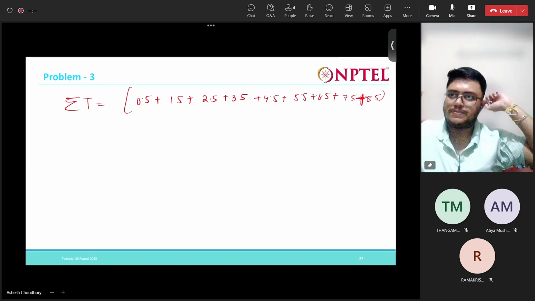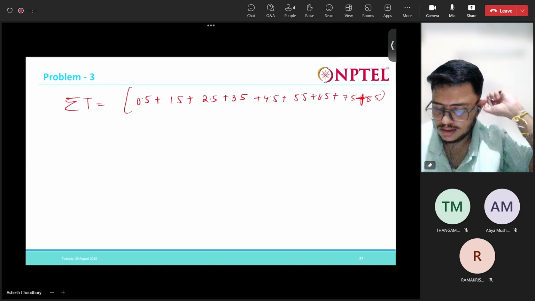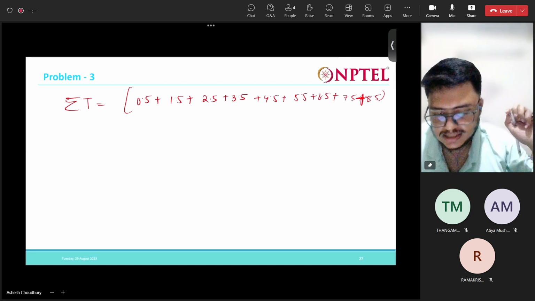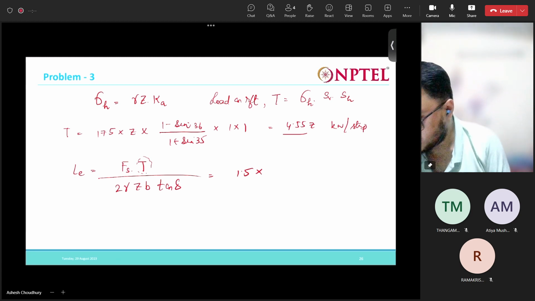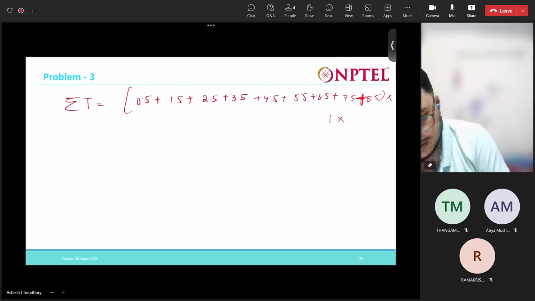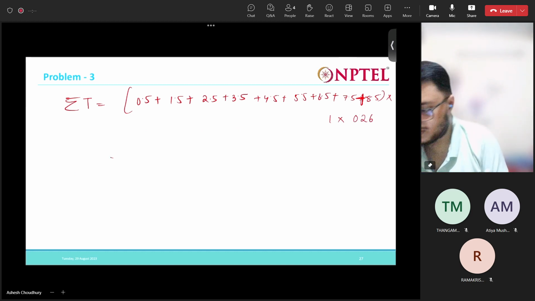So depth into the spacing, which is 1 only, into K. How much is K? K is 0.26. So how much is that?